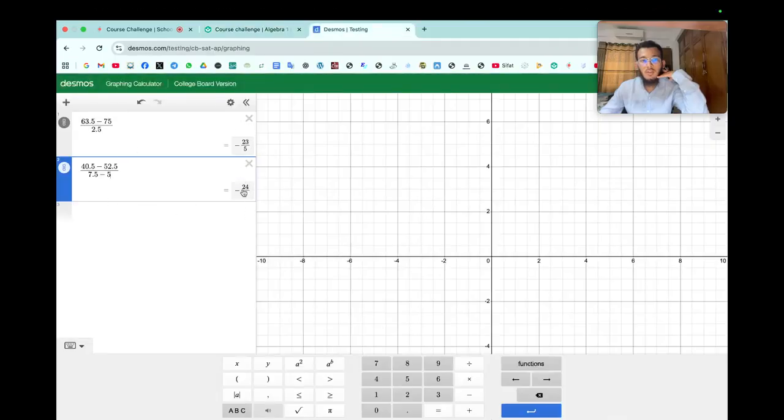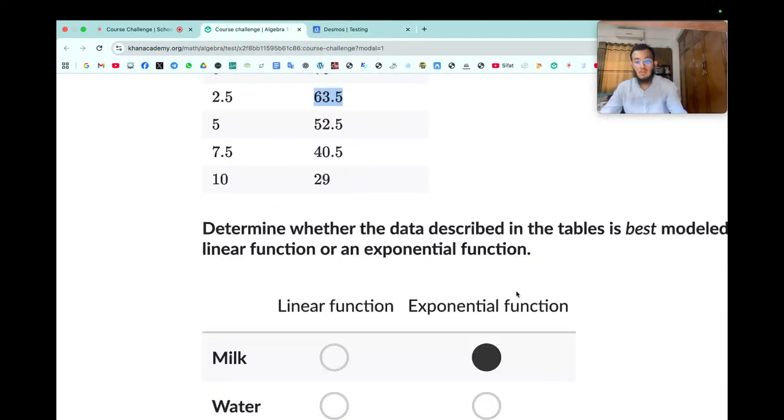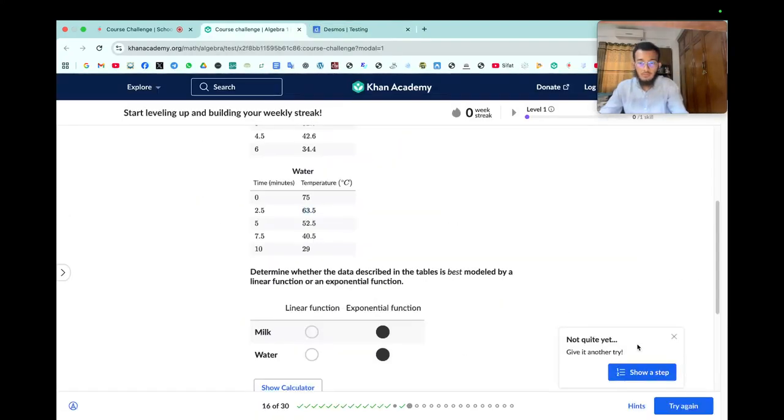Again, it's not the same. There is a difference. It is negative 4.6, negative 4.8. So yeah, both of them should be exponential.